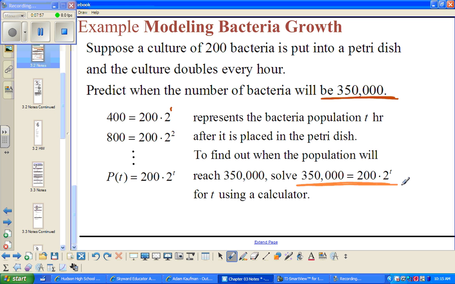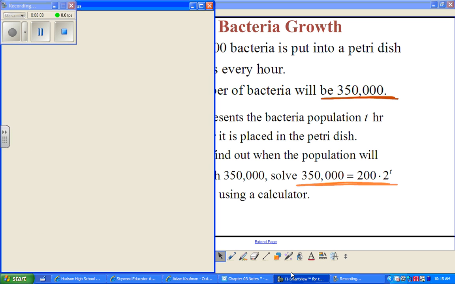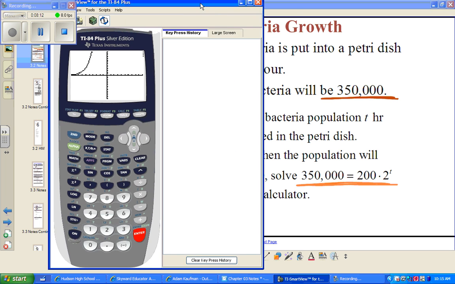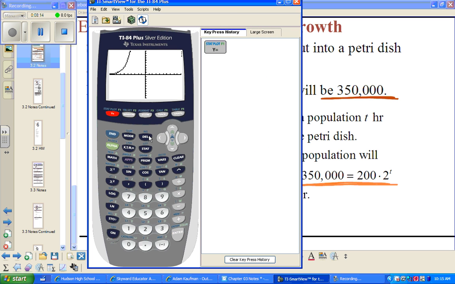You could do that using your calculator if you want to. If you plug y equals 350,000 in and y equals 200 times 2 to the t, let's see if that's what I have in here right now.